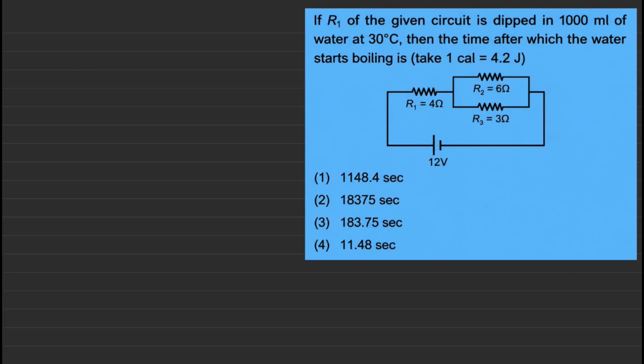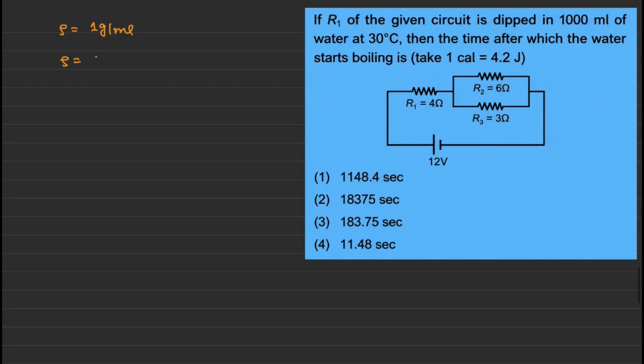So you know about the density of water. Approximately, you can say 1 gram per milliliter. They have told you 1000 milliliter, so density equals mass divided by volume, which implies mass equals density into volume. Density 1, volume 1000, so this value will become 1000 gram.